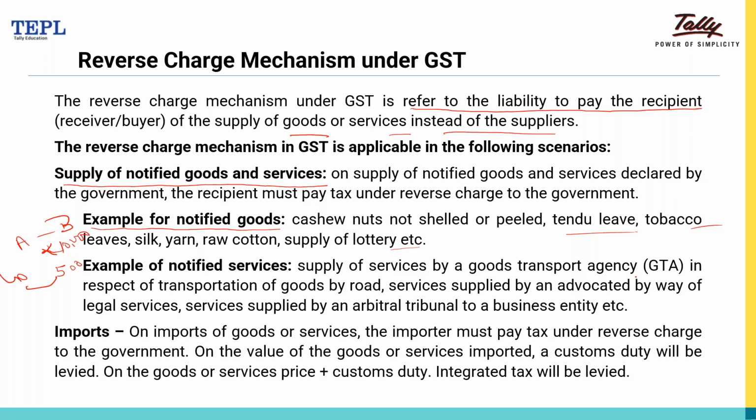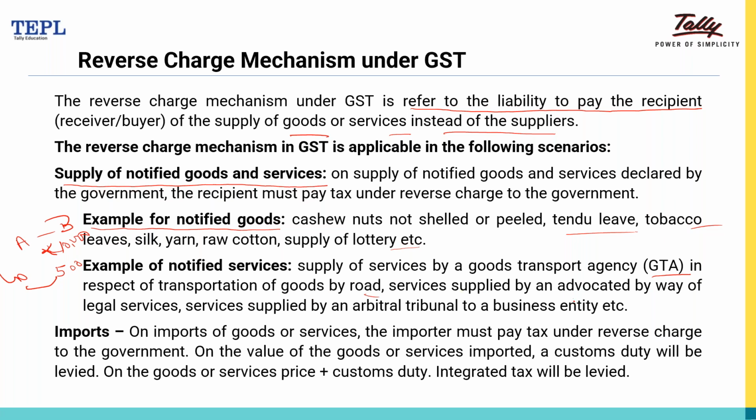the supply of services by a goods transport agency (GTA) in respect of transportation of goods by road, and services supplied by an advocate. If you avail GTA services and the goods are supplied through road, then you need to pay reverse charge mechanism.